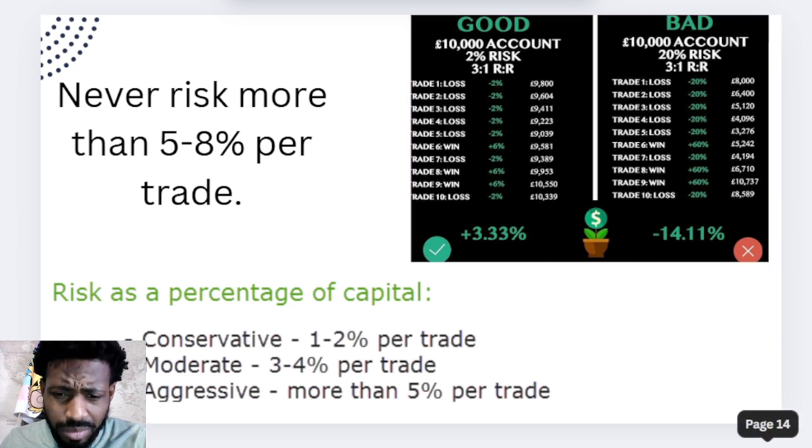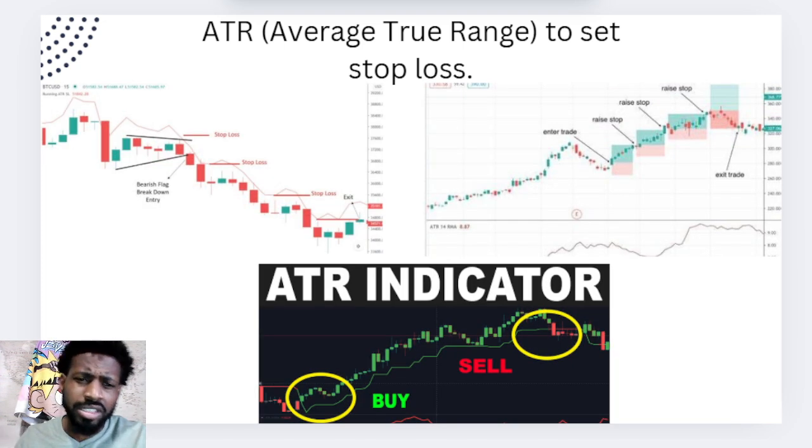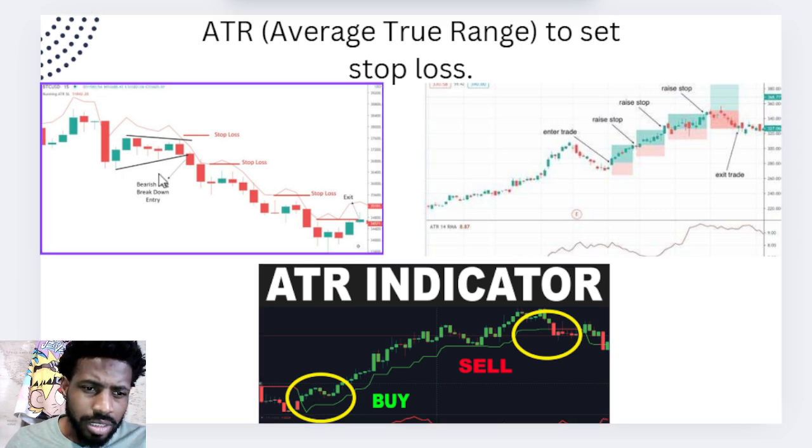Okay, then the ATR, average true range, to set a stop loss. As you can see, there's a bearish flag breakout to the downside. You enter here and set your stop loss above the flag.